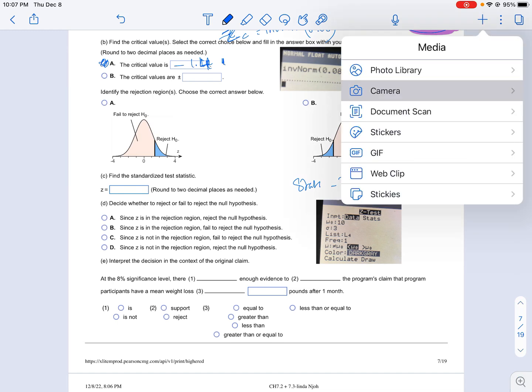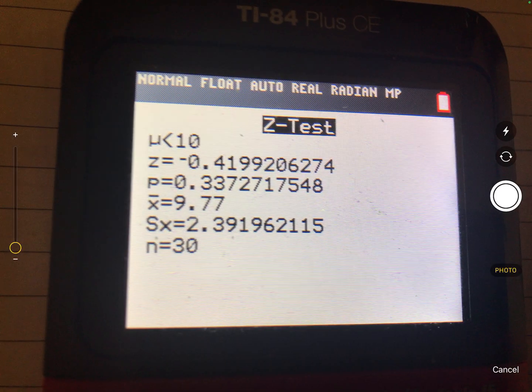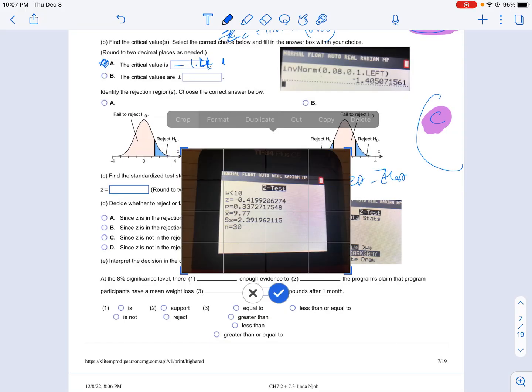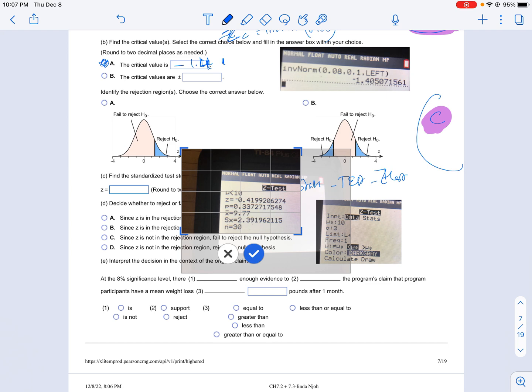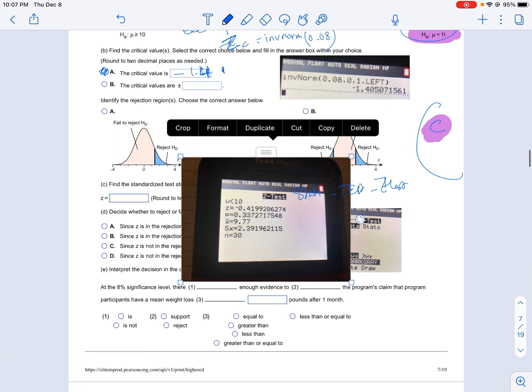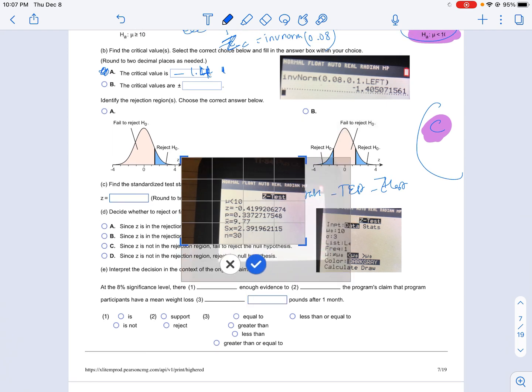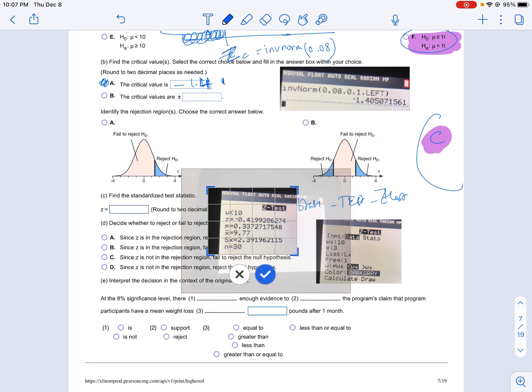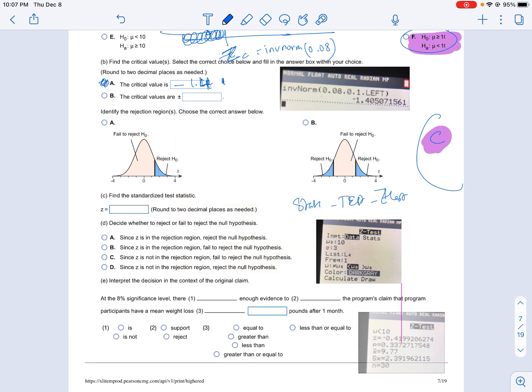So here's what I get. So my Z statistic is negative 0.42.